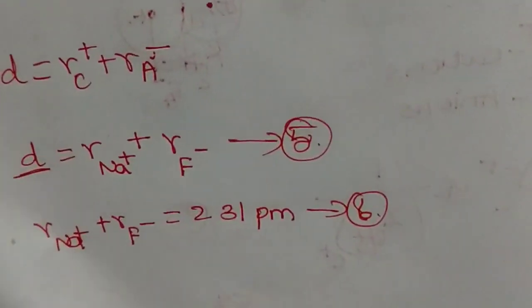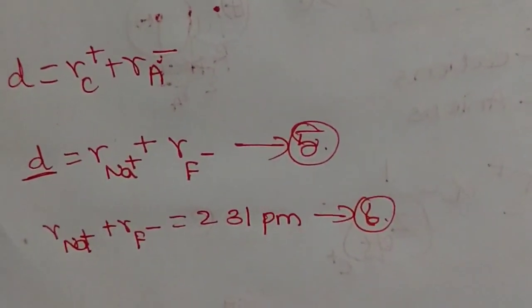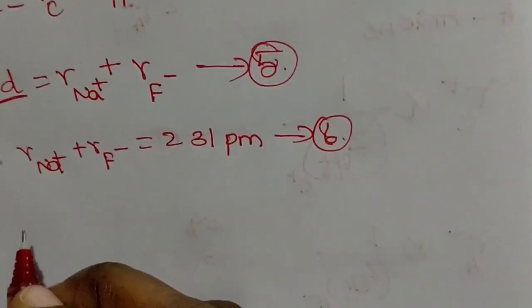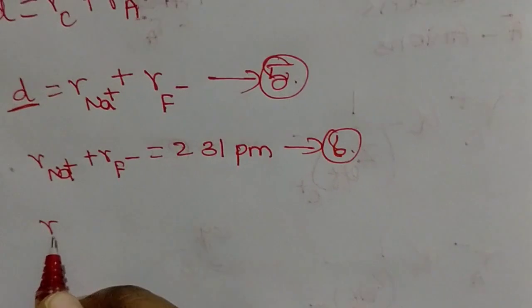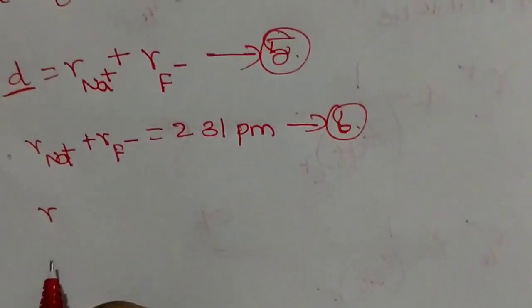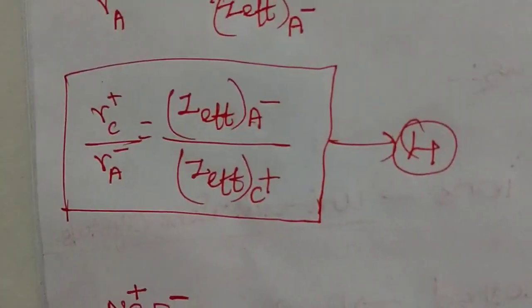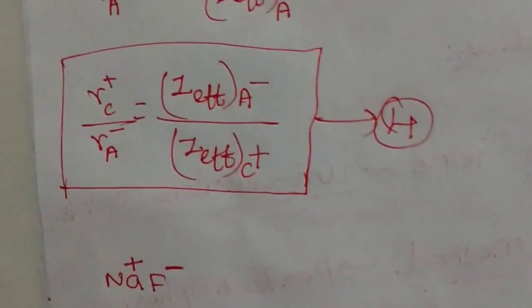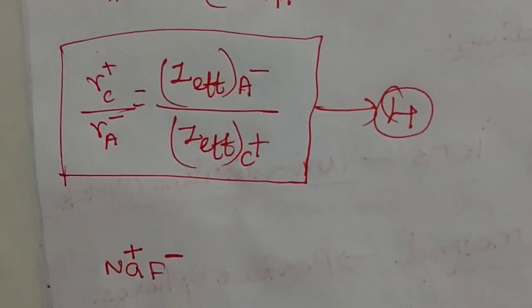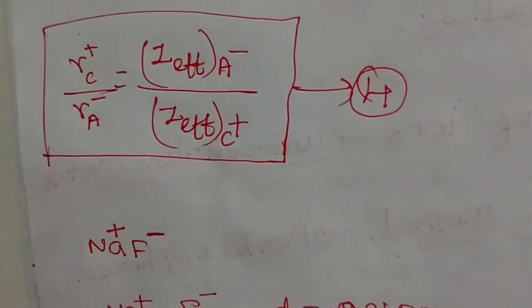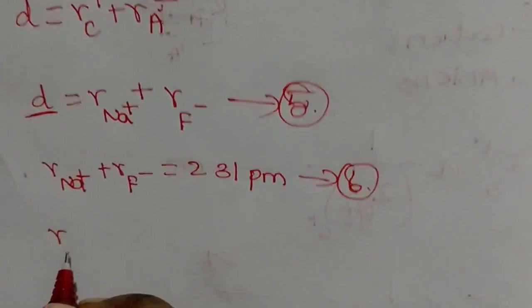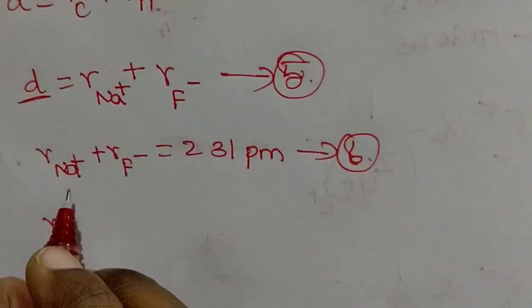Then apply equation number 4. What is equation number 4? r_C+ divided by r_A- equal to effective nuclear charge of A- divided by effective nuclear charge of C+. Write that equation for sodium fluoride. What is C+? Na+.